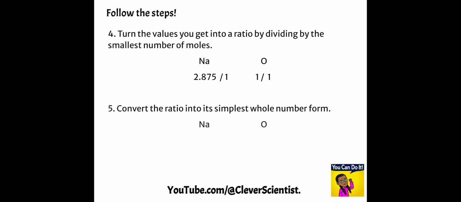So you can see we had a whole number value for oxygen, which was 1, so that just stays as 1. But when we worked out the moles for sodium, we had 2.875. So you can't have 2.875 of an atom. So we've got to do the whole number. So the whole number we round down to the nearest whole number, and in this case, it's 2.